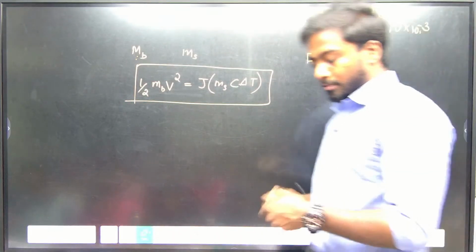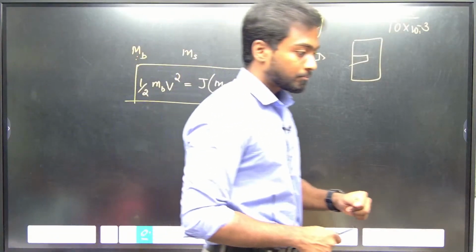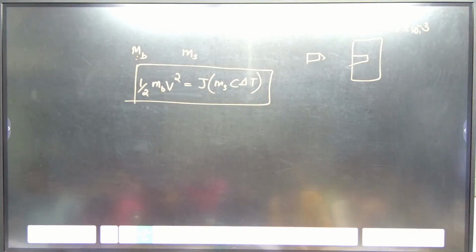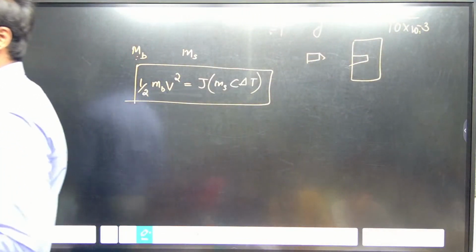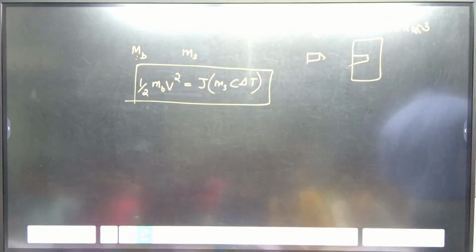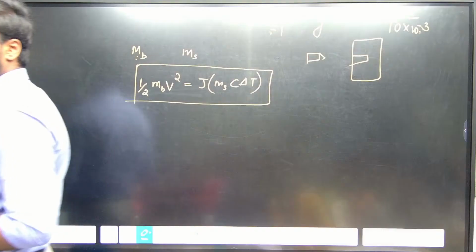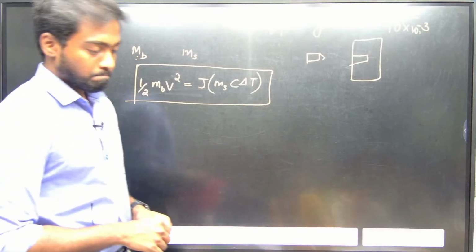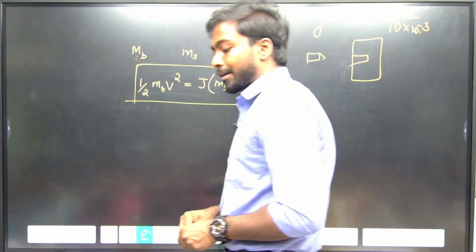The next application is, when a bullet of mass m is fired and penetrates into the metallic slab of mass ms, the temperature of both increases.